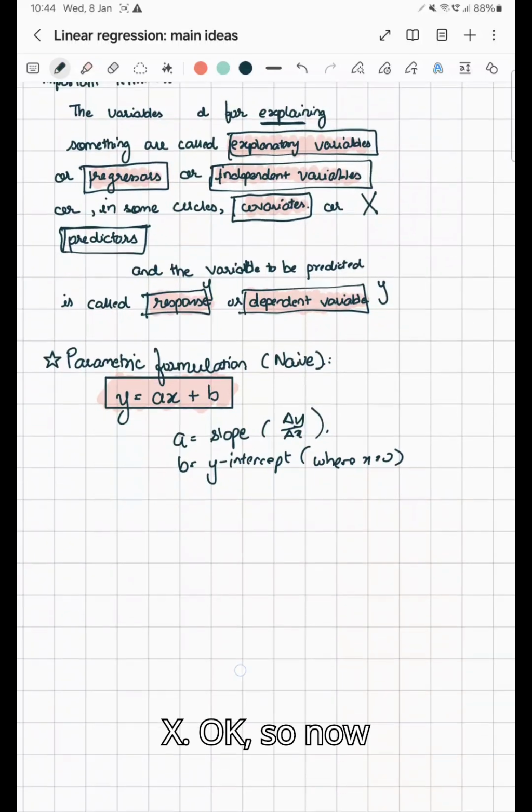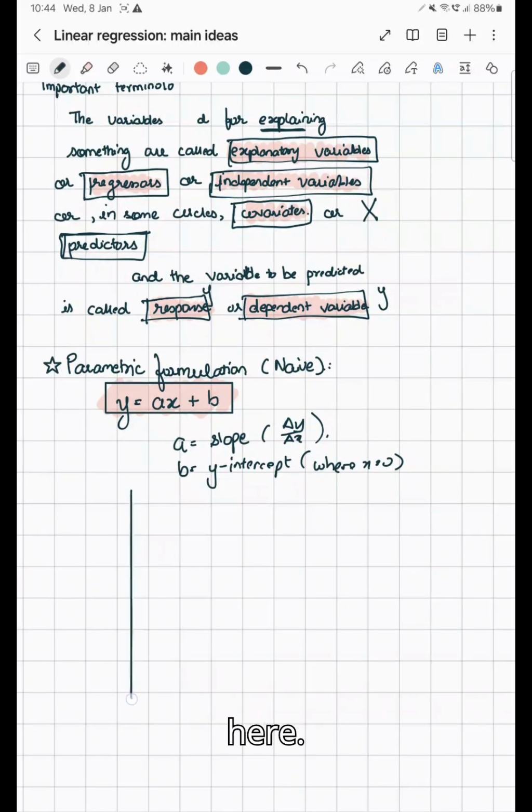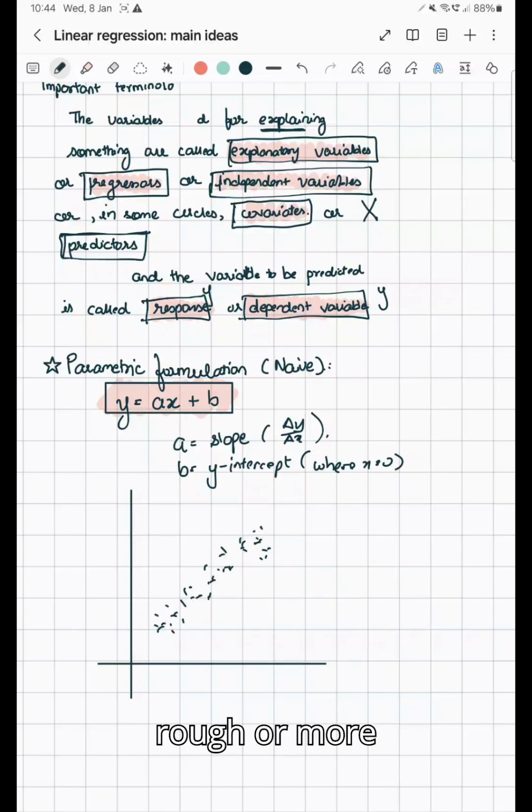Okay, now let's imagine you have a data cloud here. Sorry for the rough, more rustic drawing, but the idea is: what line would best fit the data?